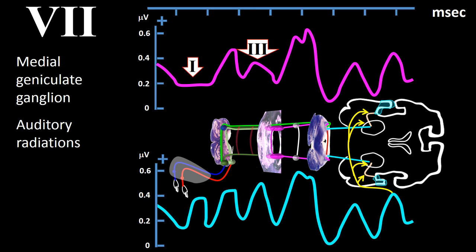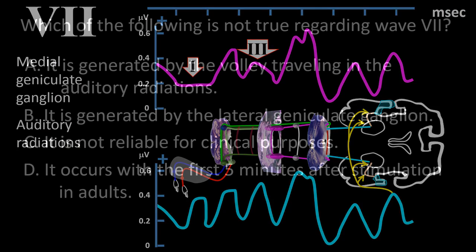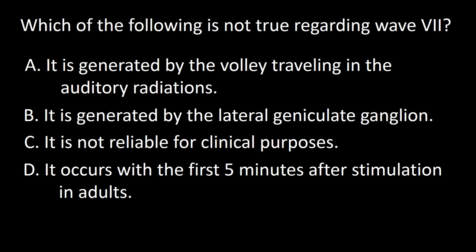Wave 7 is generated probably from the medial geniculate ganglion and the auditory radiations, although its origin is very much in question. Wave 7 is not reliable for clinical purposes, and it does not occur within the first 5 milliseconds of a stimulation. So the answer to this question is D.